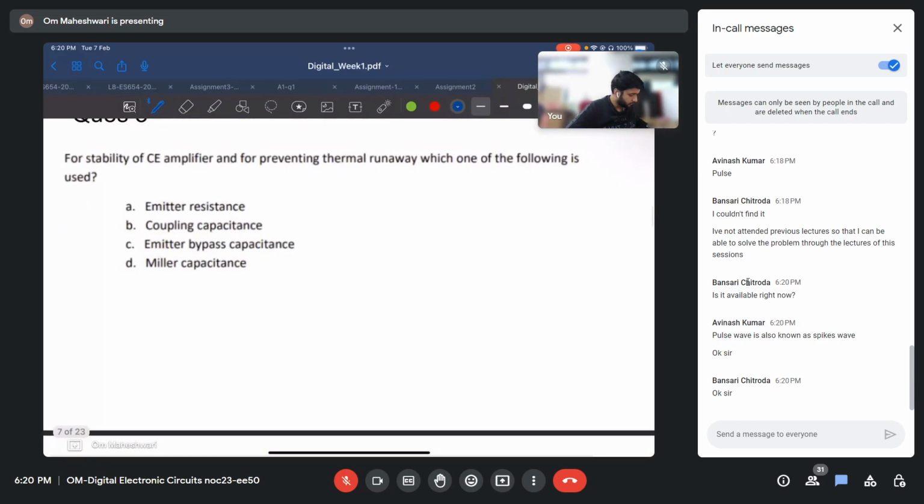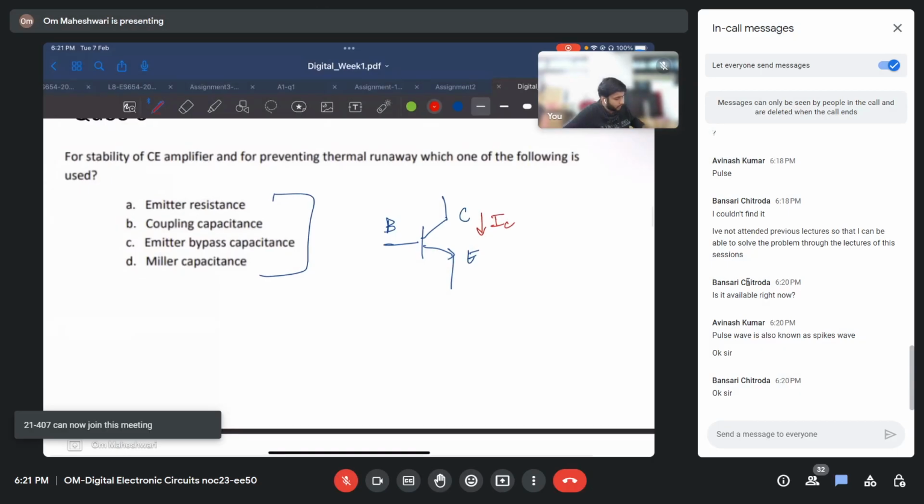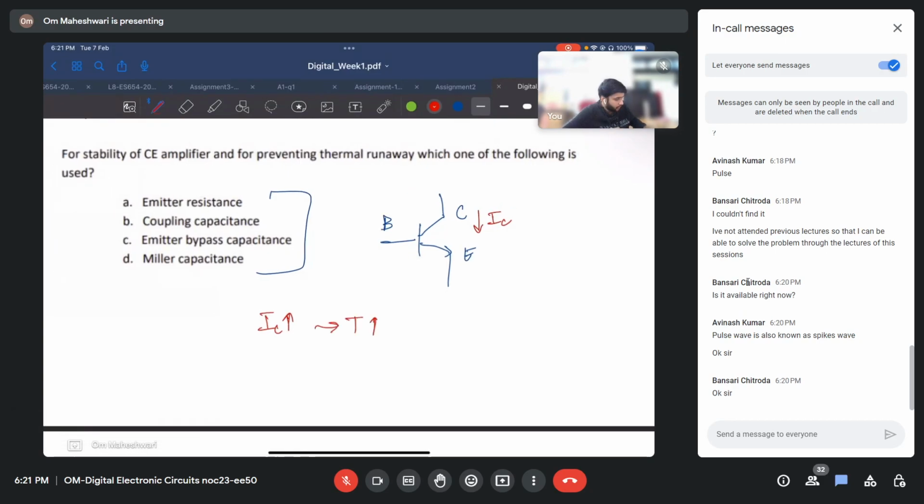For stability of a common emitter amplifier for preventing thermal runaway, which of the following is used? We'll go to this later. First of all, what is thermal runaway? If we have a bipolar transistor, when the collector current IC is high, then as we know, when current is high, the temperature will increase.